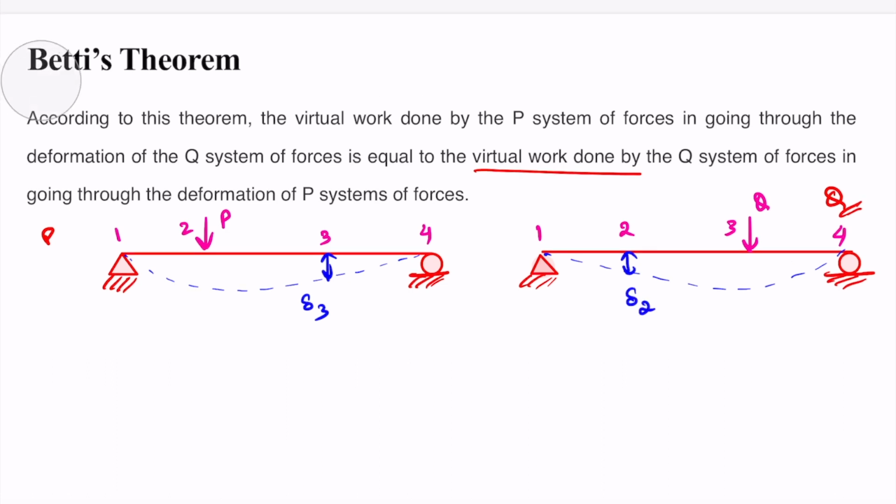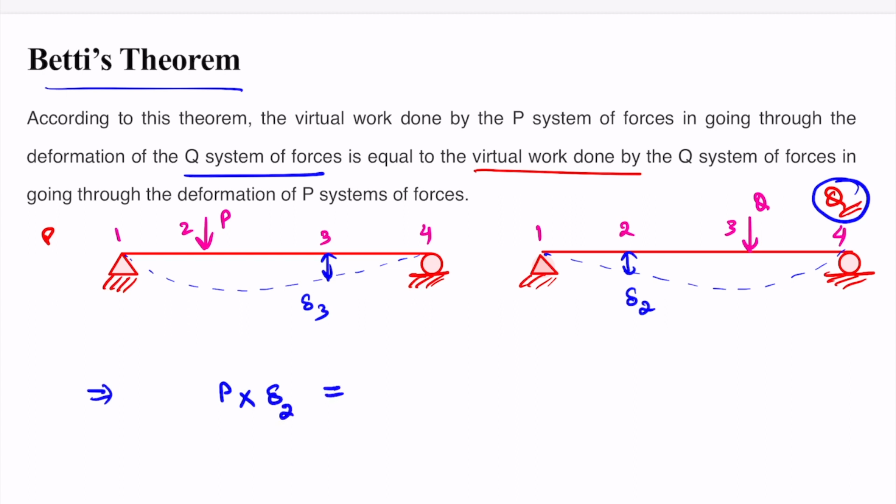Now Betti's theorem says that the virtual work done by P system of forces in going through the deformation caused by Q system of forces will be P multiplied by the deformation at that location due to the Q system of forces, which is delta 2.